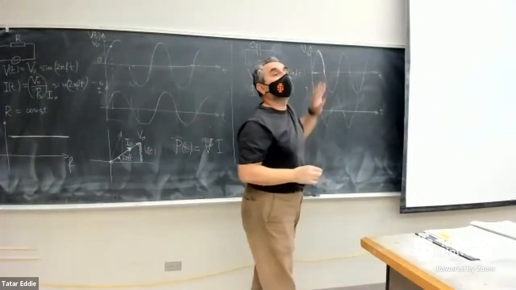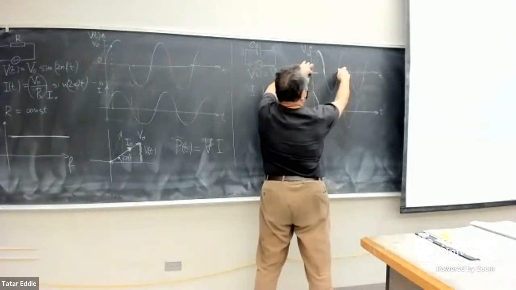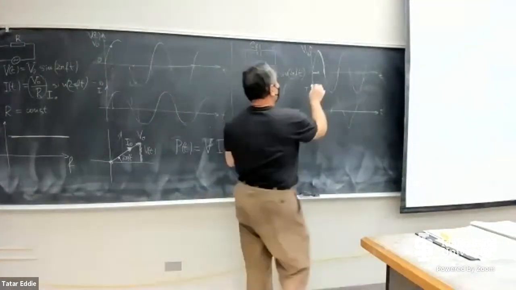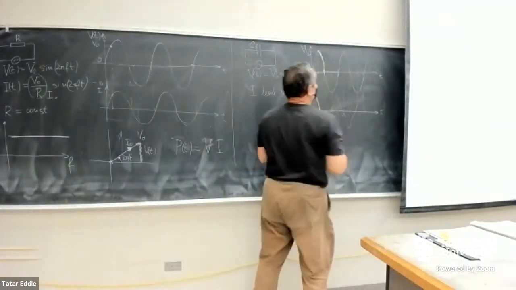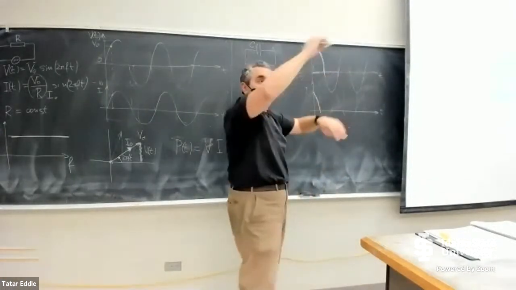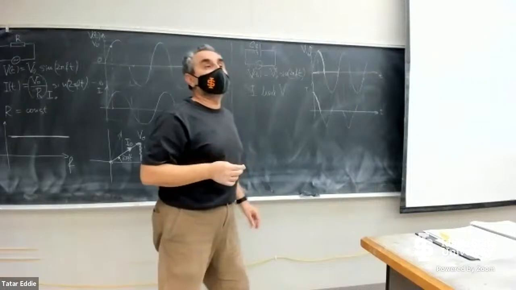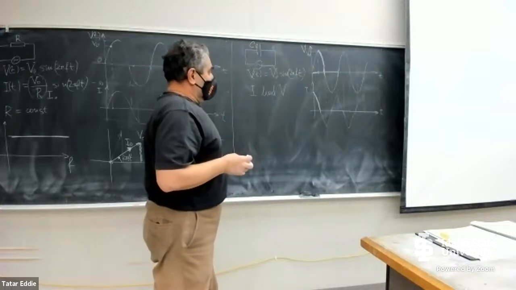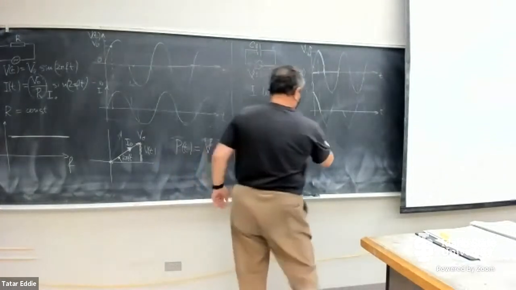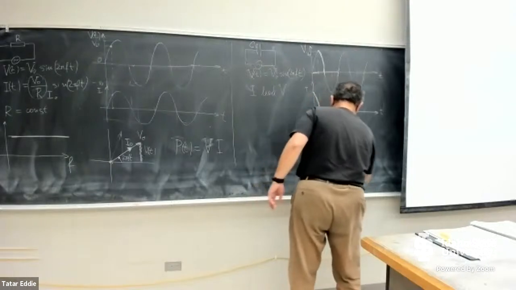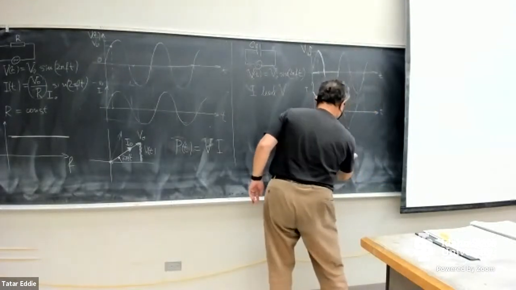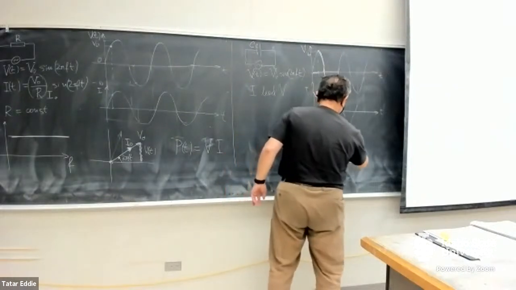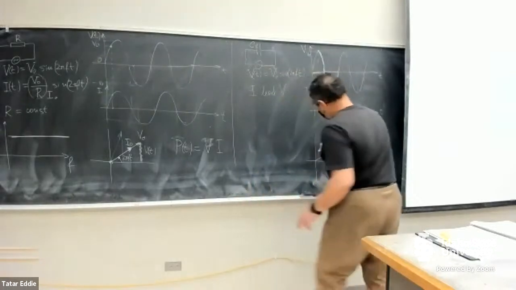This time interval is a quarter of a cycle. The whole cycle is this. So a quarter of a cycle, or 90 degrees. If you say that the whole cycle here is 360, a quarter of a cycle, 90 degrees, is the lead of the current. In other words, on the phasor diagram, here is the voltage and the current.